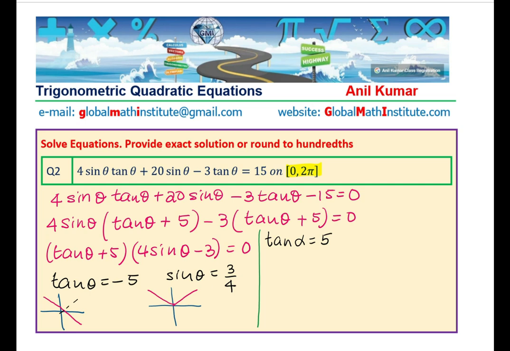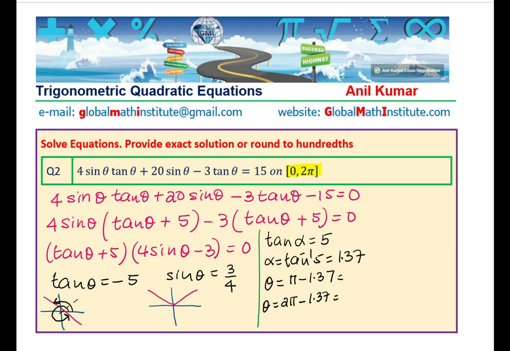So I'm going to round this as alpha equals tan inverse of 5, which is 1.37. So what is going to be theta, which is between 0 and 2 pi? The two solutions are pi minus alpha and 2 pi minus alpha, correct? So theta equals pi minus 1.37, and theta is also equal to 2 pi minus 1.37.